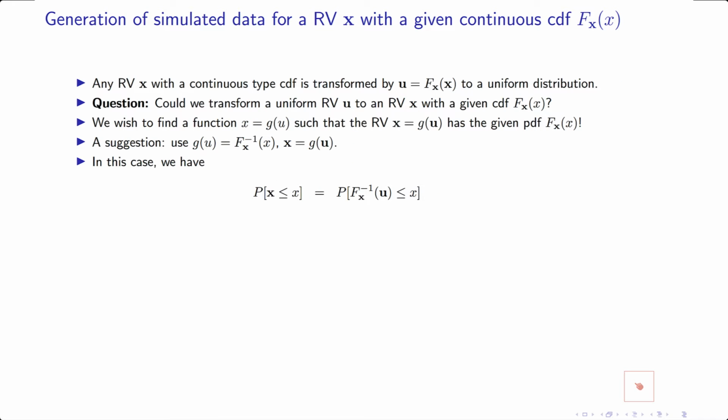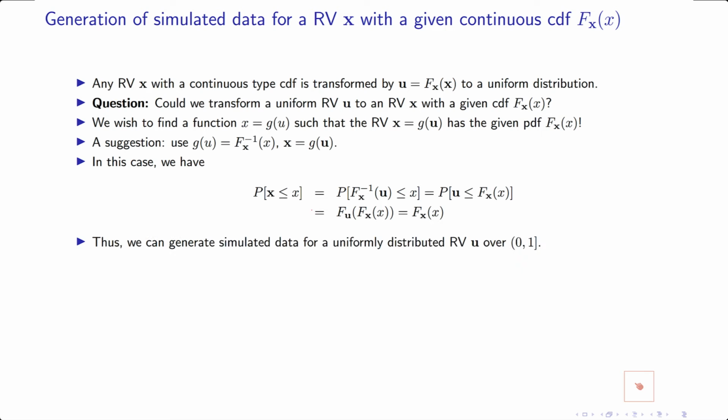This is just a simple suggestion to generate it this way, and the rest of this example proves that the CDF of x is actually the CDF that you want.